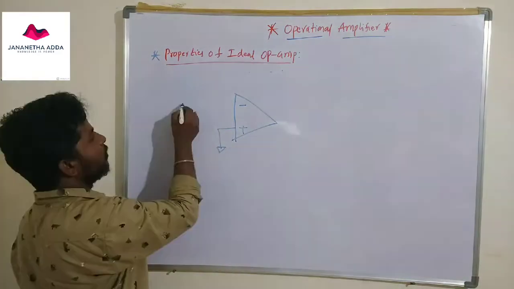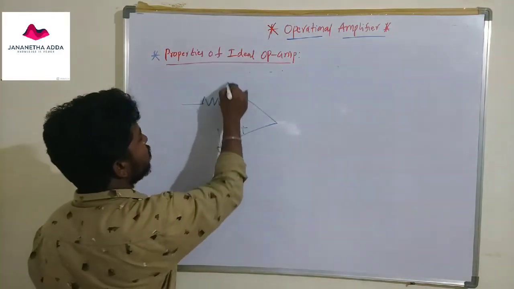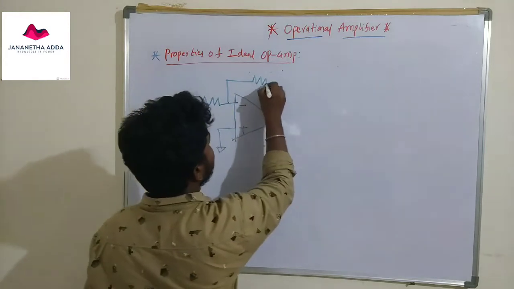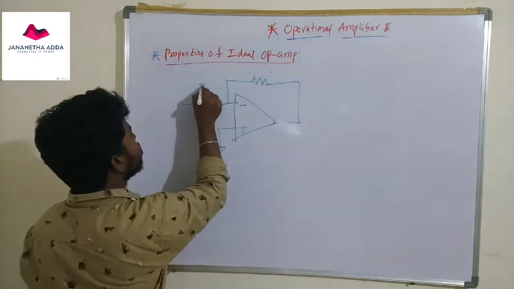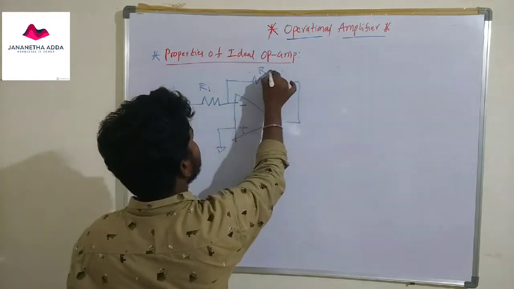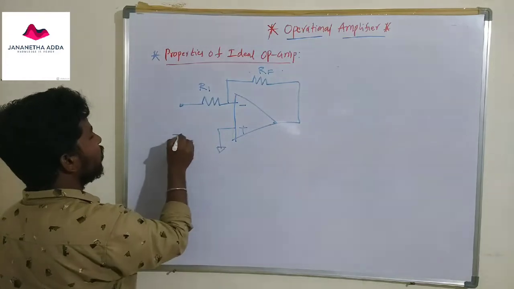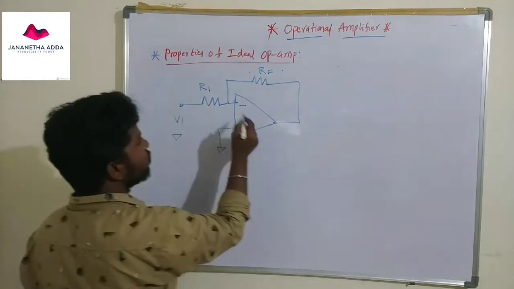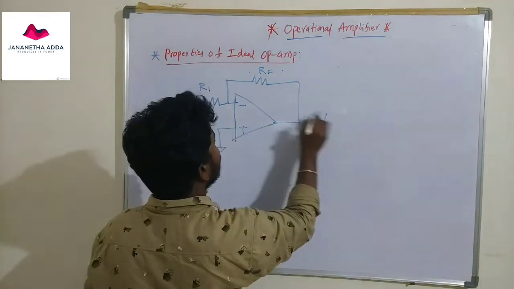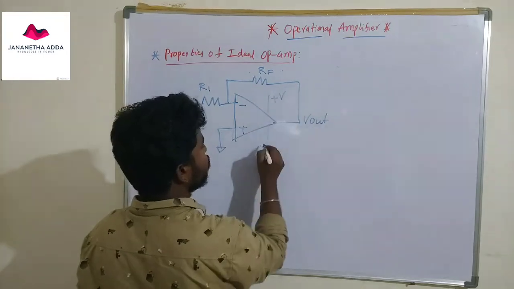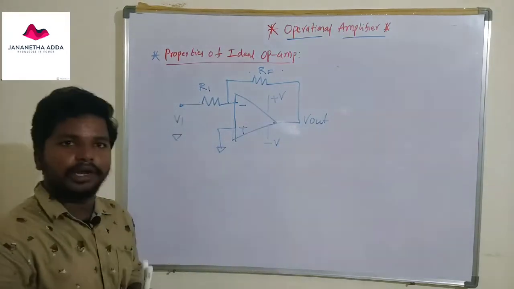I am grounding this terminal. So this is R1, this is RF. I am giving an input signal V1 and it is V output. I am assuming that it has a positive supply and also a negative supply.